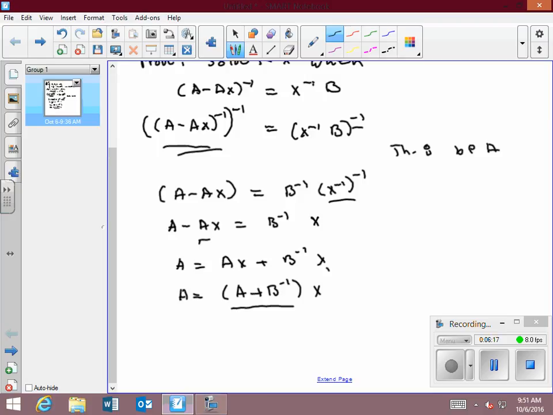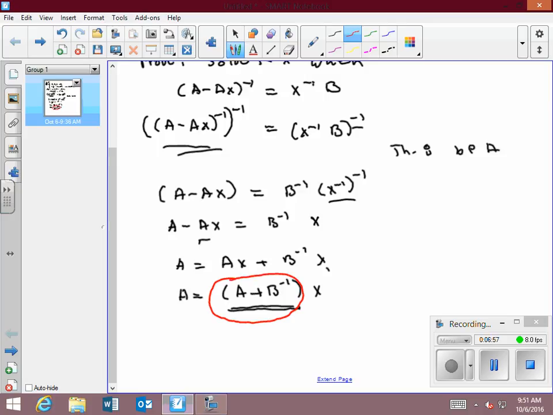The argument has to be made that this term right here is invertible. And if you look at theorem 6b, we have to verify that this thing is invertible.